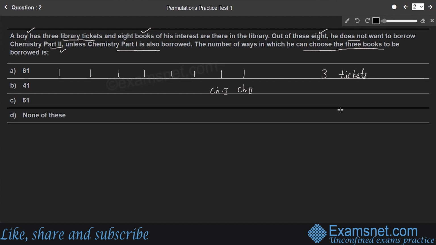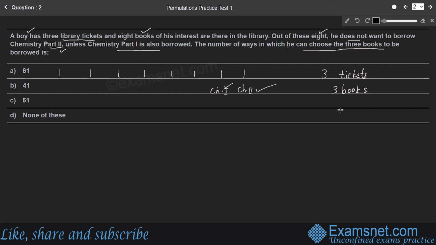That means he has to borrow 3 books in that, right? So just imagine chemistry part 2 book is borrowed. It is understood that chemistry part 1 book is already borrowed. Unless part 1 is borrowed, he cannot choose chemistry part 2, right?